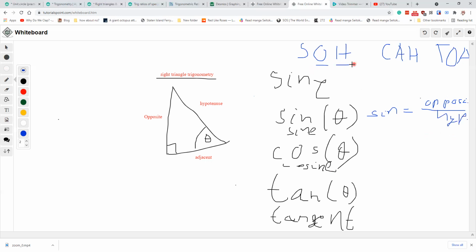CAH stands for cosine is equal to adjacent over hypotenuse. And TOA stands for tan is equal to opposite over adjacent.